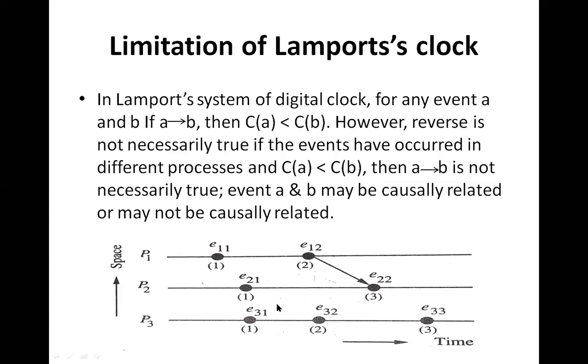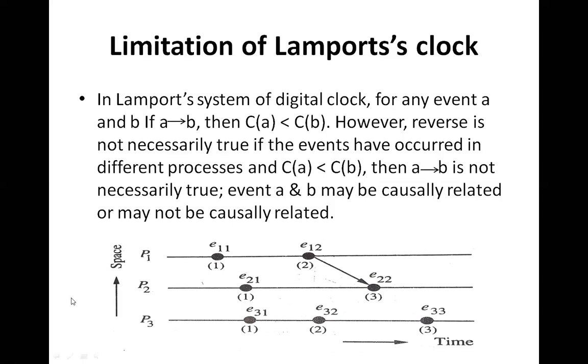Just because of this limitation, we have to find a solution so that by looking at the timestamps, we are able to judge whether one event is causally related with another event or not.